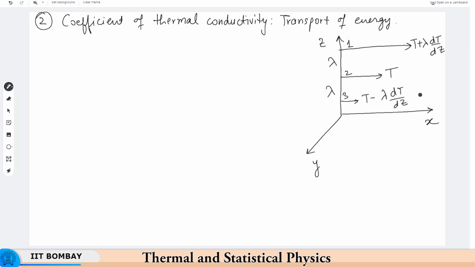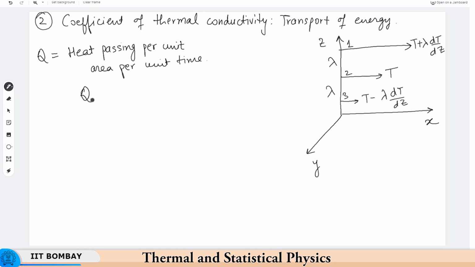Along similar lines, we can define heat Q, and what is heat? It is just the transfer of energy. So let us define Q as the heat passing per unit area per unit time, that is, the amount of energy transfer in a certain direction per unit area per unit time.